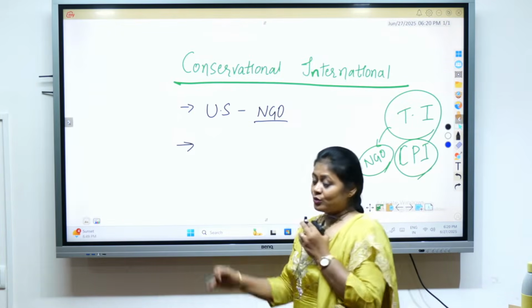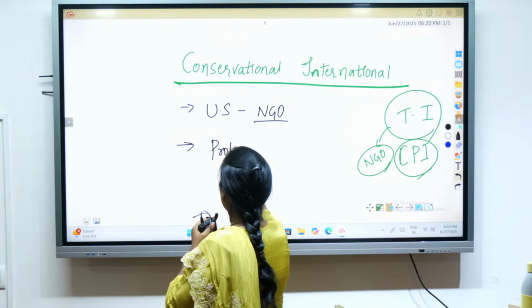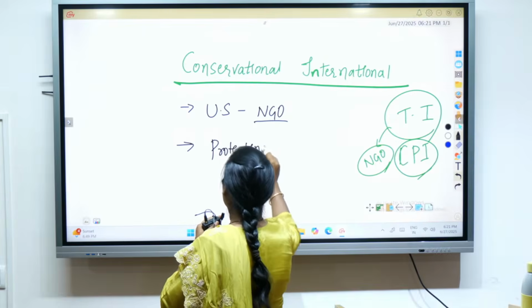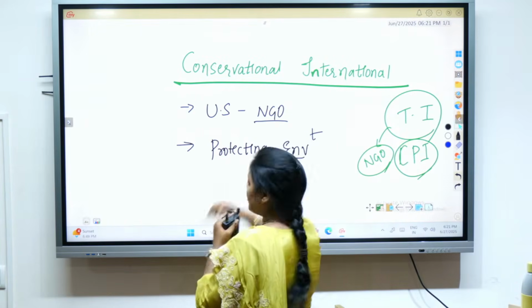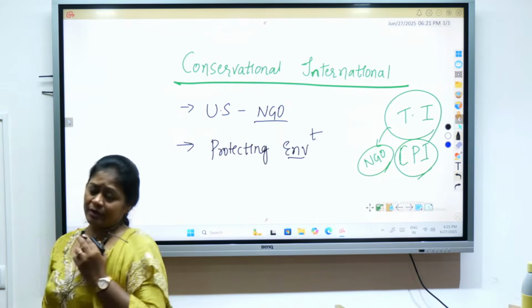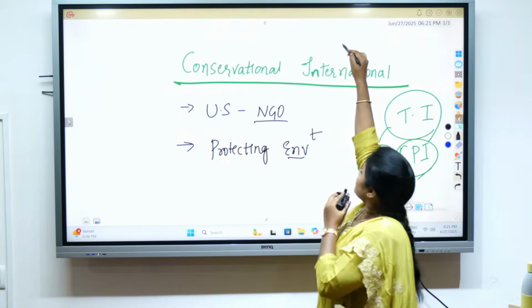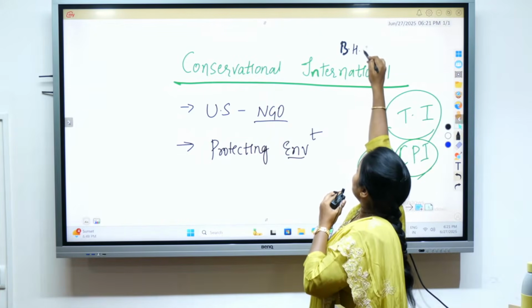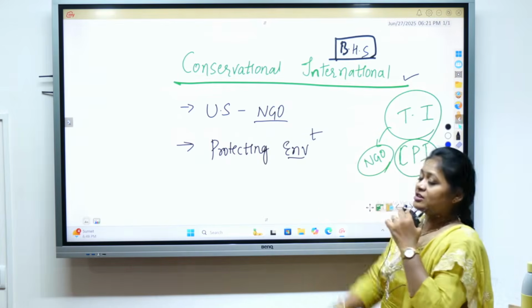Which takes responsibility of protecting the environment for the benefit of mankind. Yes, you might be thinking, we are discussing biodiversity hotspots, and suddenly why has she taken Conservation International?